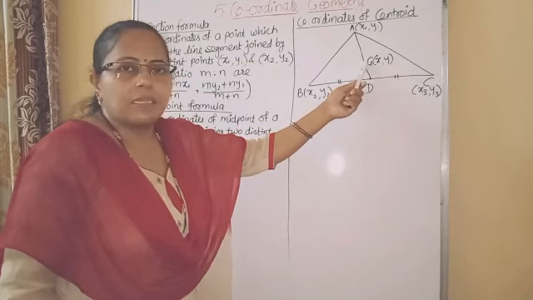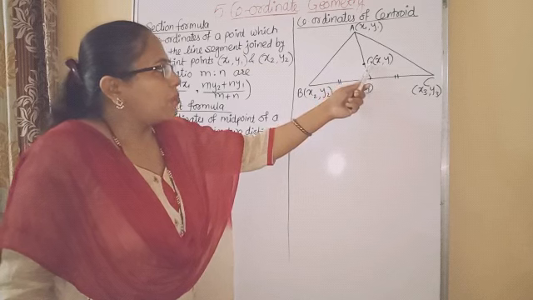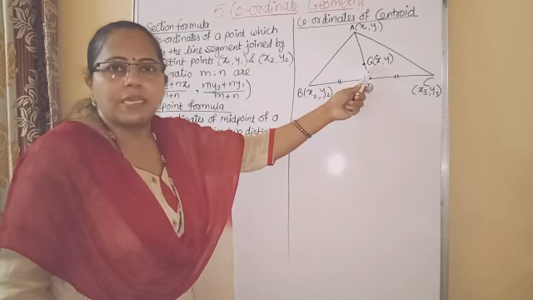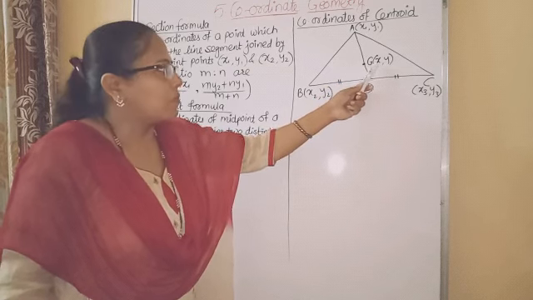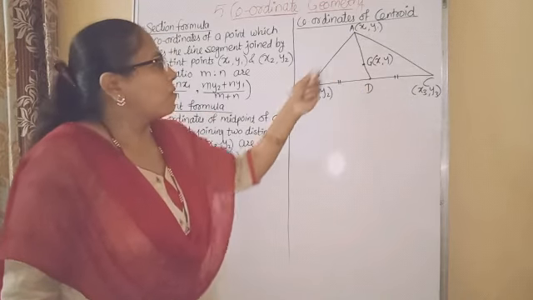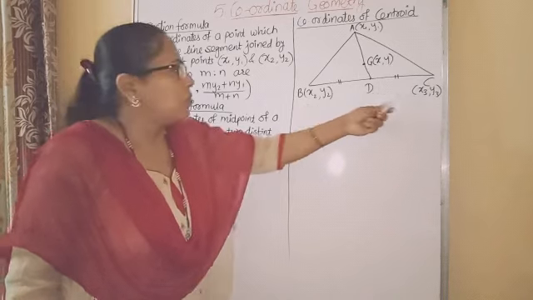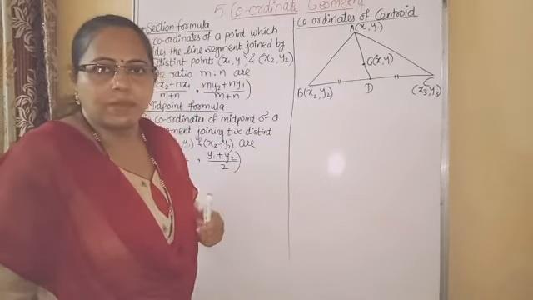And G is the centroid, which is on this median AD. So we have to find the coordinates of this centroid, which means we have to find the values of x and y. Let the coordinates of the vertices be (x1, y1), (x2, y2) and (x3, y3).